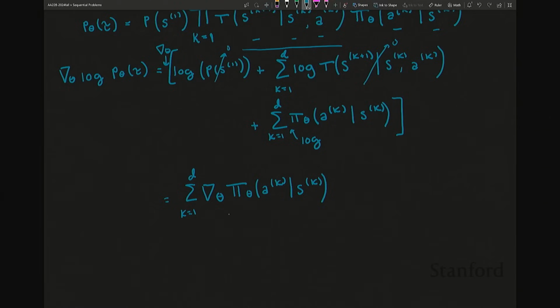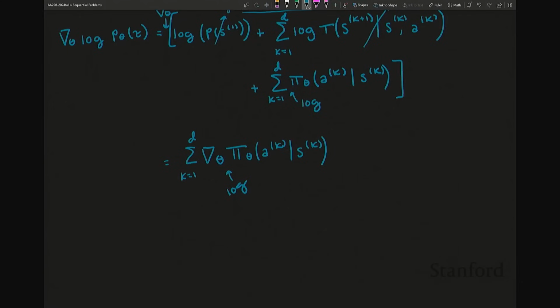Yes? Log. They dropped out because they didn't have any dependence on theta. So it's like if we were doing the derivative with respect to x of y. Same thing here.